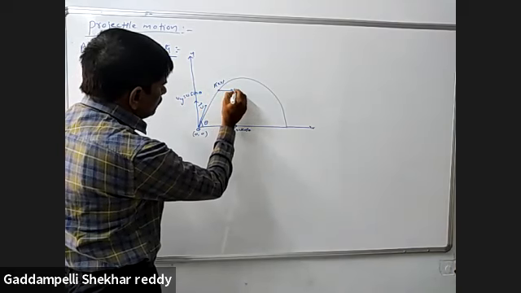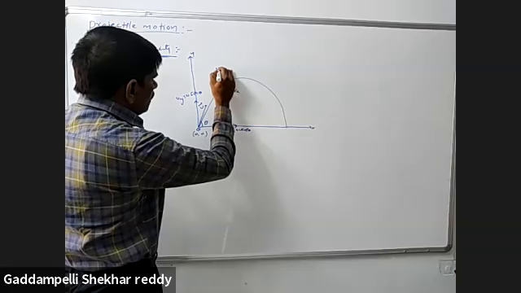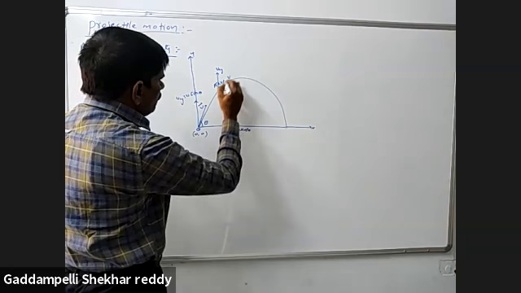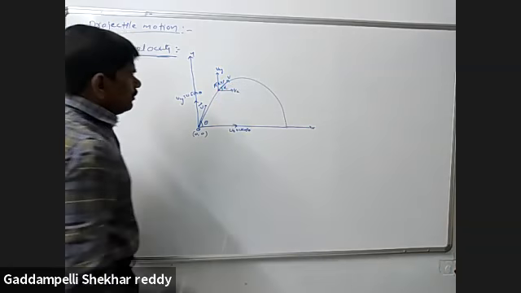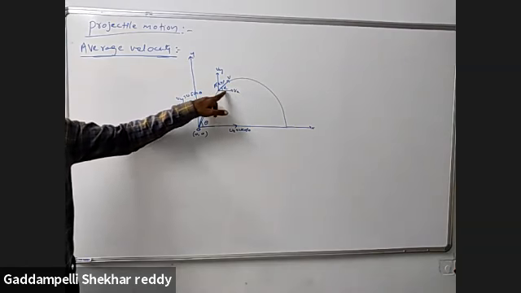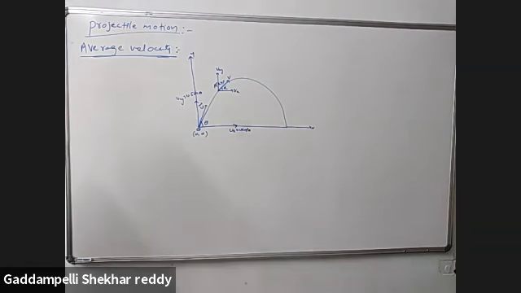Here is the horizontal velocity Vx, the vertical velocity Vy, and the velocity in the plane V, which makes an angle alpha with the horizontal.